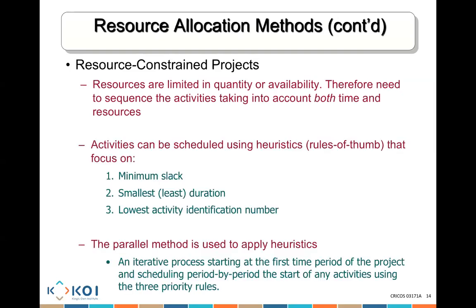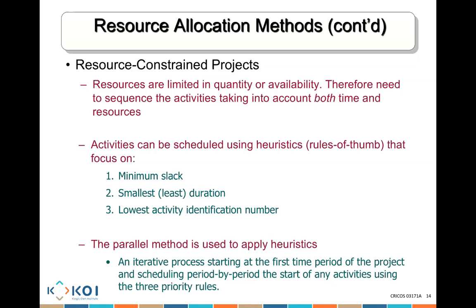Now, if we have a resource constrained project, and we want to minimize how long this project is going to take us, we need to follow some rules. Those rules are very important for you to learn, because we're going to apply them a bit later in your tutorial, and they will potentially be in your final exam and even in your quiz too. So let's talk about them.